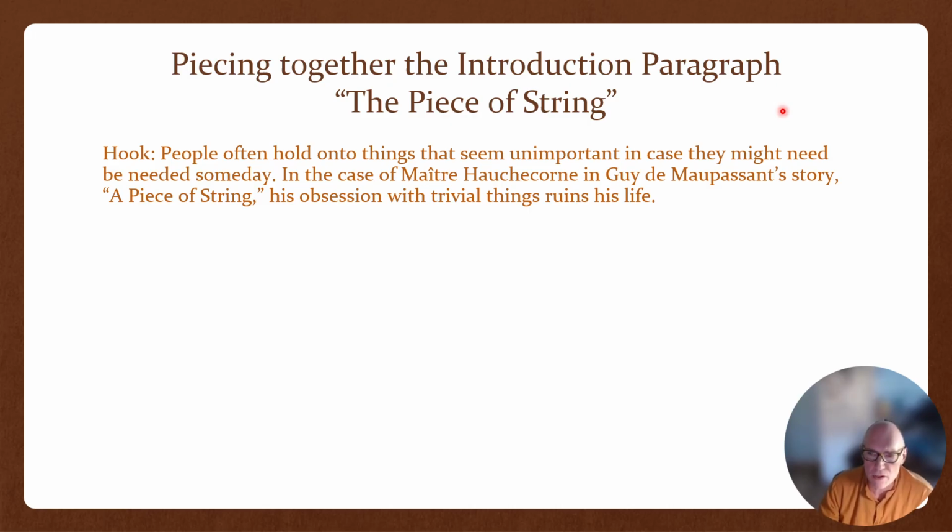So the hook that we described about how something trivial can turn into something life-changing and destructive, I developed the hook to say, people often hold on to things that seem unimportant in case they might be needed someday. In the case of Maître Hochkorn in Guy de Maupassant's story, A Piece of String, his obsession with trivial things ruins his life.